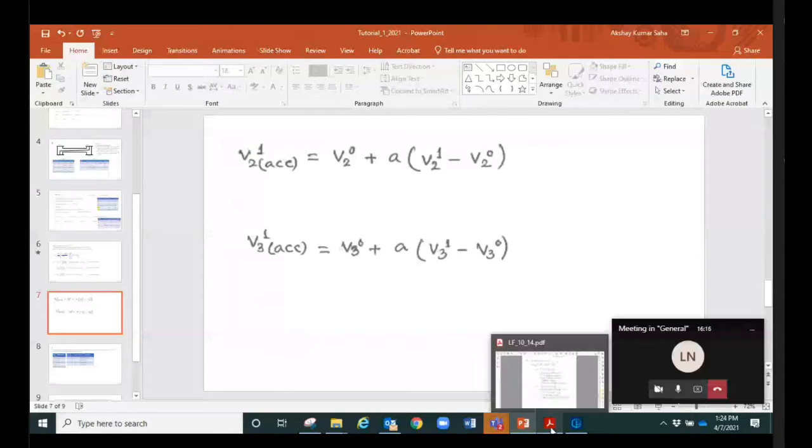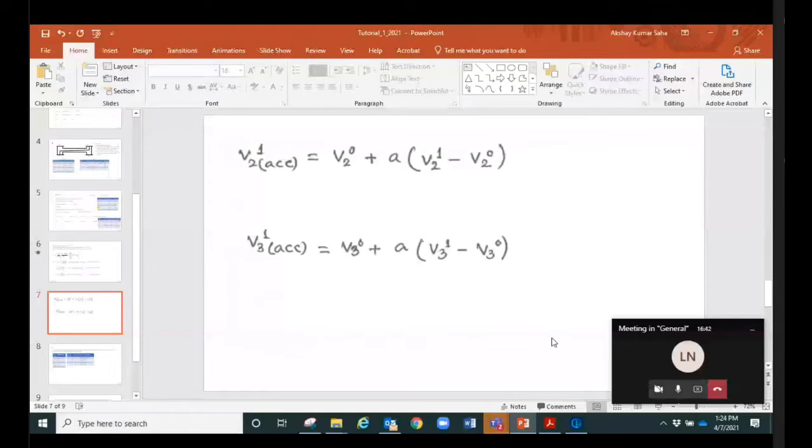The general formula for that one is Vi0 plus A times Vi1 minus Vi0. So can you tell me the V21 and V31 if you have calculated?